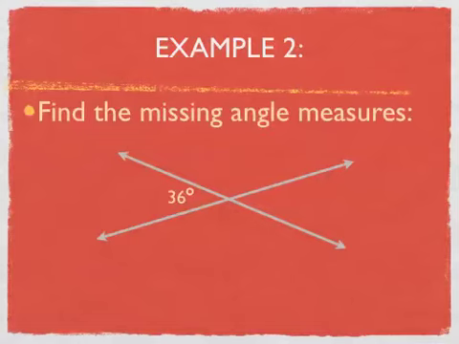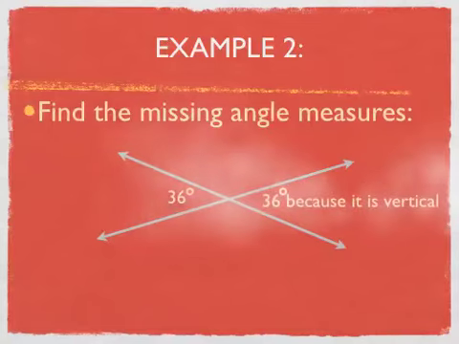Example 2 asks us to find the missing angle measures. If you notice, we are given the angle 36. I know that I can find the missing angles because this one is 36 because it is vertical to the given 36-degree angle. Now to find the missing two angles, I know that these are adjacent to a 36-degree angle and they're forming a straight line.